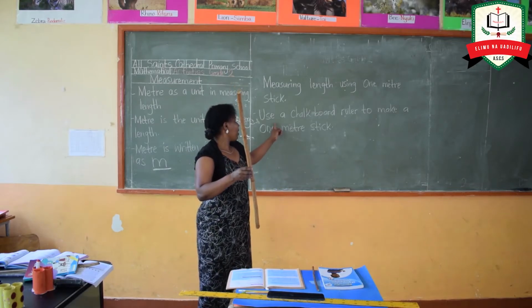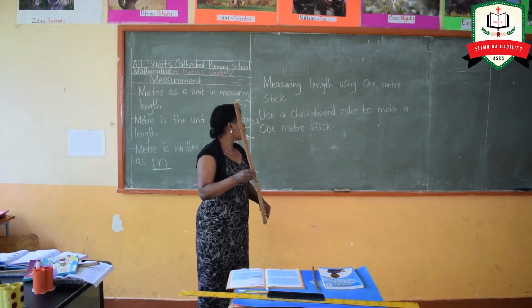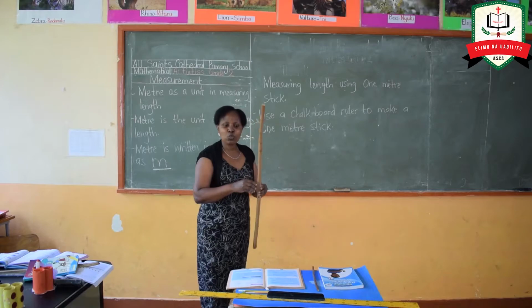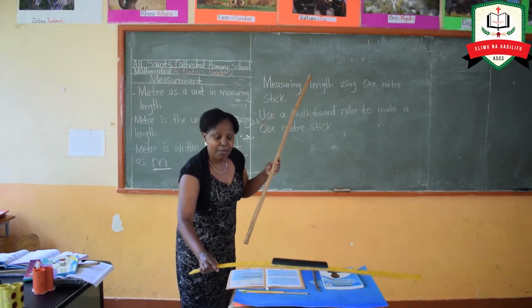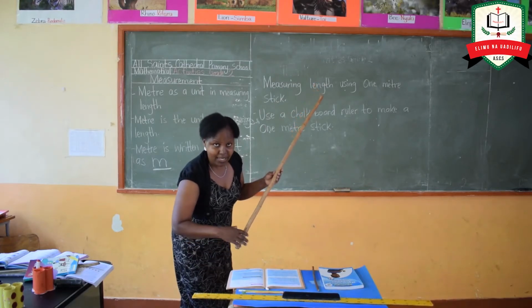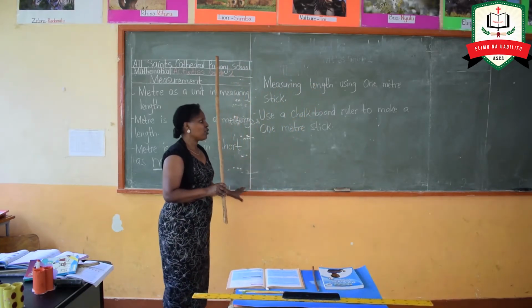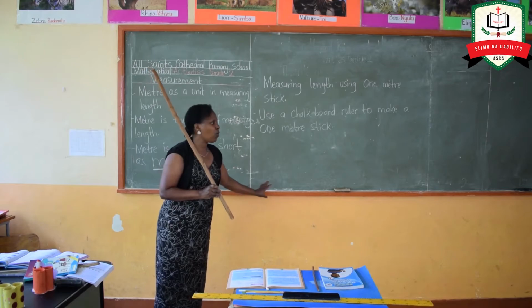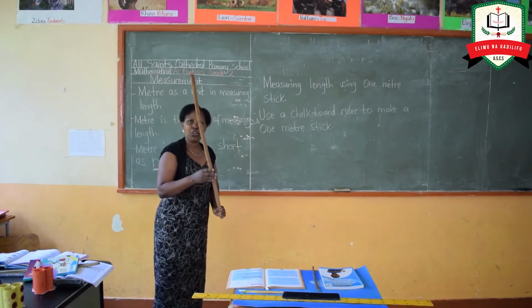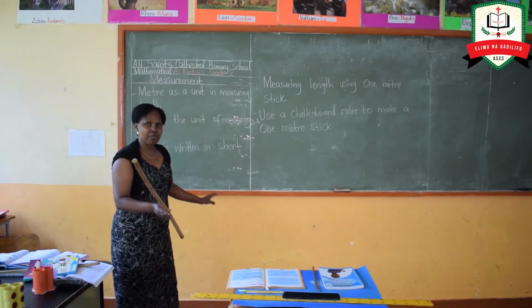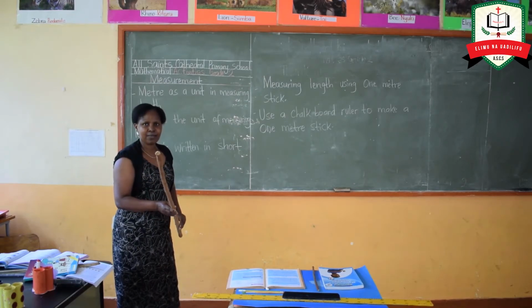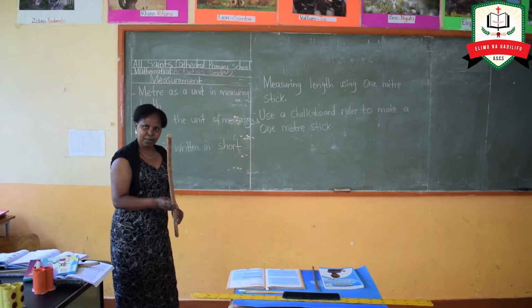I used a chalkboard ruler to make a 1 meter stick, and that is what I've made using my chalkboard ruler. So my stick is 1 meter. Now, I can measure the longer side of the chalkboard using my 1 meter stick. We see how many meters is the chalkboard.